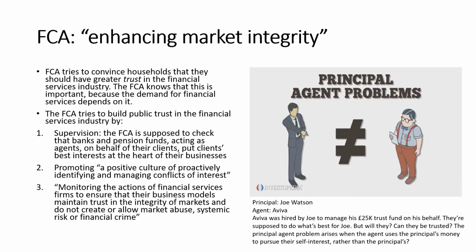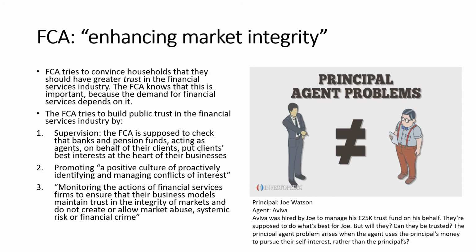If those shares perform well, they'll move them into their own pension fund account, and if they've bought shares that haven't performed well, they'll move those shares into the client's account. So the FCA is supposed to make sure that financial advisors and pension funds are acting in their clients' best interests rather than pursuing their own self-interest.